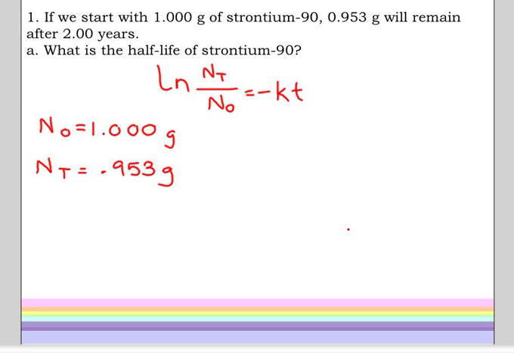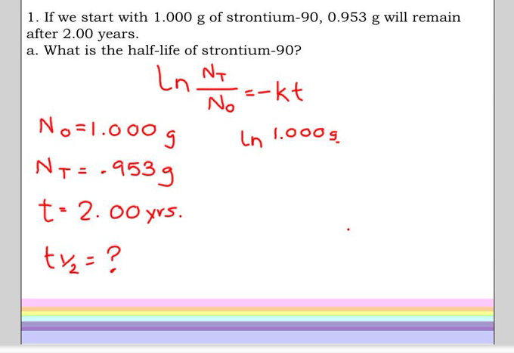We're going to let it sit for 2 years, so that's our time, 2 years. And then the question is, what's our half-life? That's our unknown. So we're going to look at our equation and plug in. So we have natural log of 1.000 grams over 0.953 grams equals negative k, we don't know k, times t, which is 2 years.